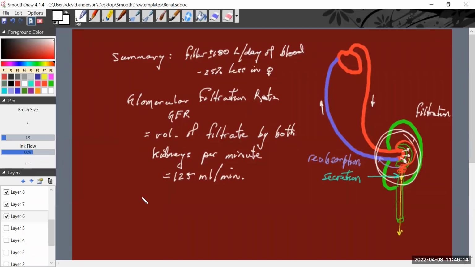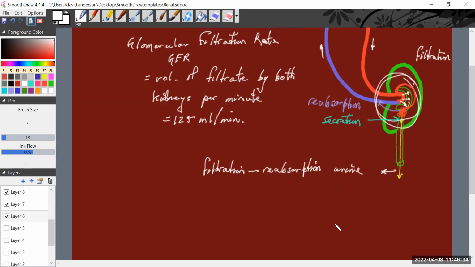And remember that urine is what's formed. This is our urine down here. And urine was filtration minus the reabsorption plus secretion.